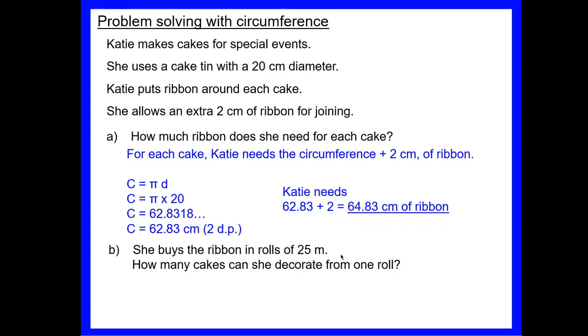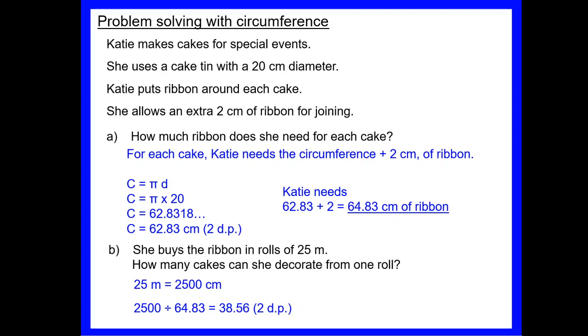So we're going to change our 25 meters into centimeters, 100 centimeters per meter, so times by 100, and we get 2,500 centimeters. Now we want to share that 2,500 centimeters between lengths of 64.83, so that's a division. If we divide that, we get 38.56, and again I've rounded to 2 decimal places there.